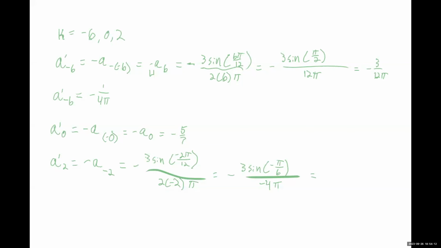So we're once again going to multiply the bottom by 2, which is going to give us -3 over 8 pi. And because it's negative, it cancels out the negative of the -4 on the bottom. And we're going to get that a prime of 2 is equal to -3 over 8 pi. Does that all make sense so far?